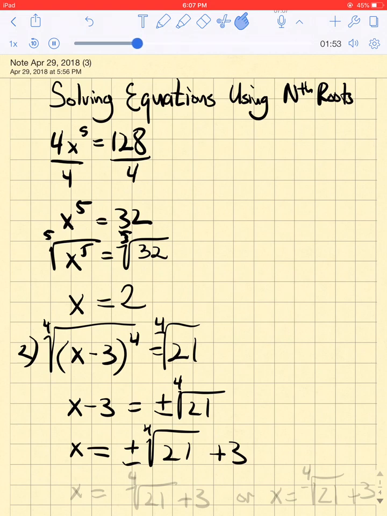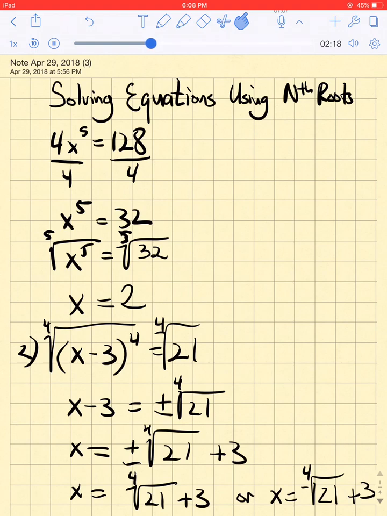And we could break this up into the fourth root of 21 plus 3, or, because this is x, right? X equals negative fourth root of 21 plus 3.